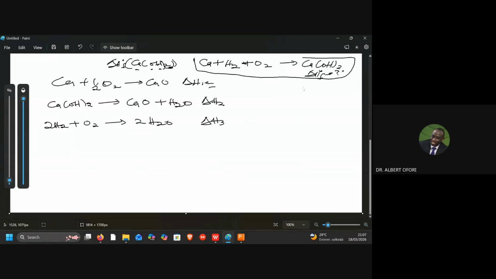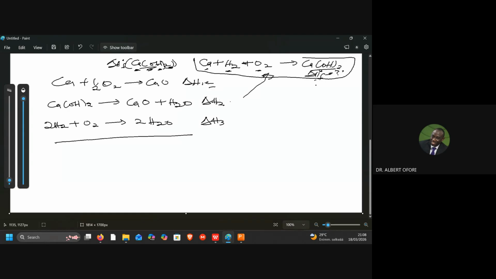So for the formation of calcium hydroxide, the elements there are calcium, oxygen, and hydrogen. So the elemental forms: calcium, hydrogen, oxygen. Then I have calcium hydroxide. That's the enthalpy of formation. So the question is, what is the value of this? Now, if I come to these equations, I need to make sure I get this particular target.